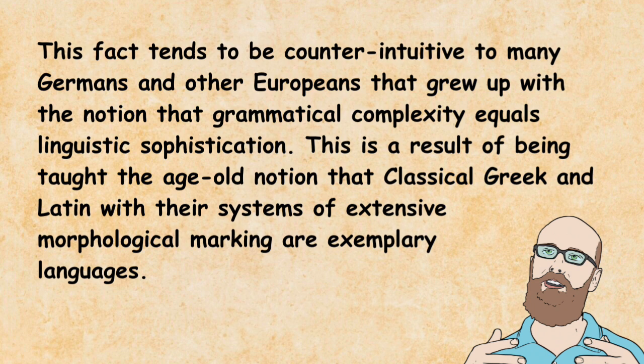This fact tends to be counterintuitive to many Germans and other Europeans that grew up with the notion that grammatical complexity equals linguistic sophistication. This is a result of being taught the age-old notion that Classical Greek and Latin, with their systems of extensive morphological marking, are exemplary languages.